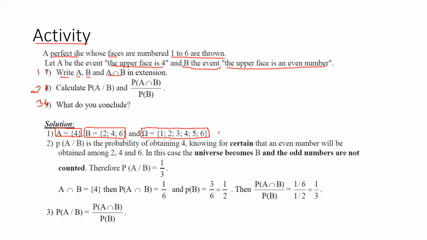A intersection B, which is not written here. What is A intersection B here? What are the common elements between A and B? A intersection B is {4}.